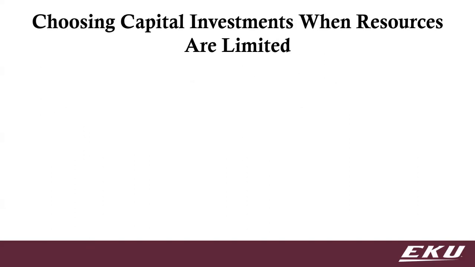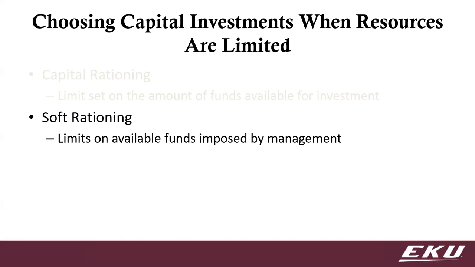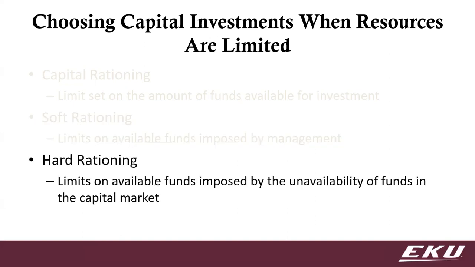Okay, so what about when your resources are limited? What do we do? Capital rationing is a big one. Soft rationing tends to be where the limit is there because it's set within the firm. Like, we just don't allow any projects over $1 million without it going through some other process.